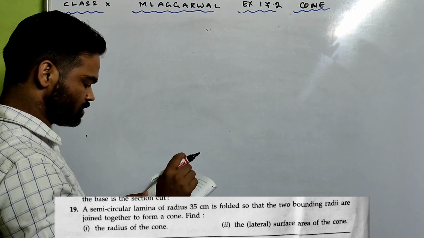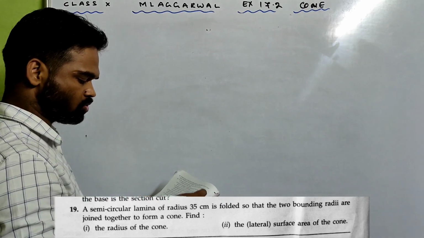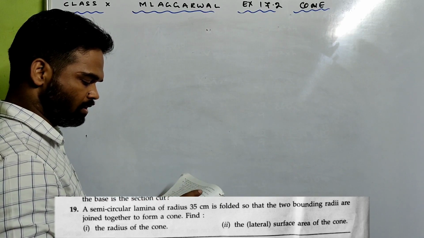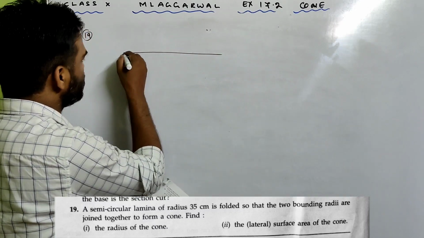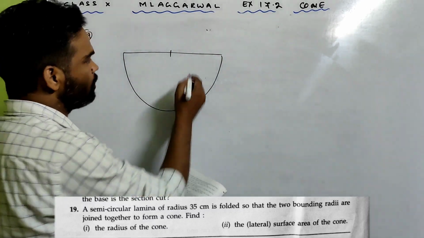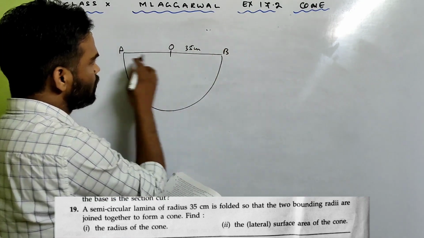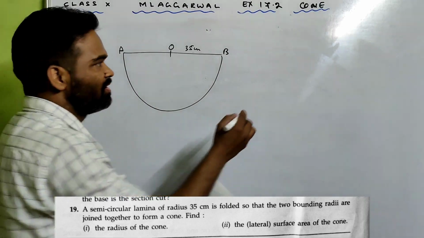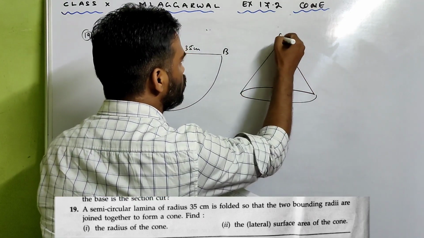A semicircular lamina of radius 35 cm is folded so that the two bounding radii are joined together to form a cone, which means, look carefully. This was the semicircular lamina. This was 35 cm. AOB. AO and OB are joined. So it becomes a cone.